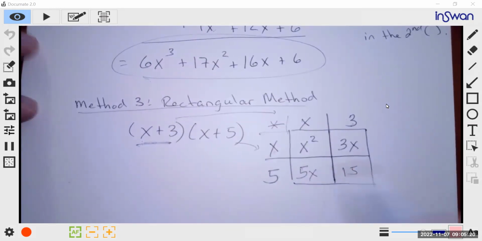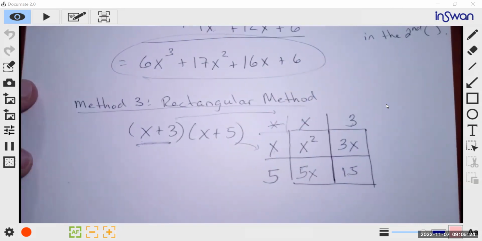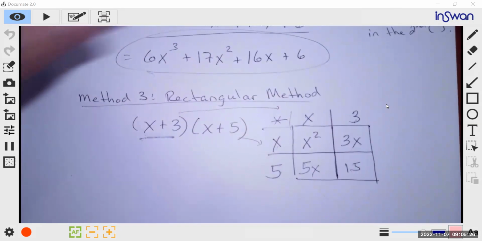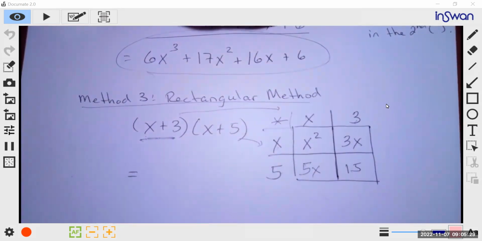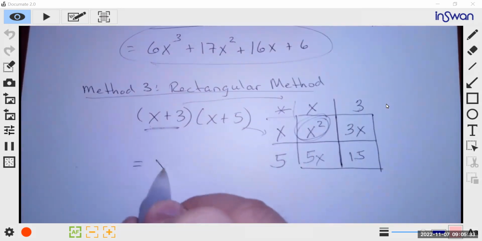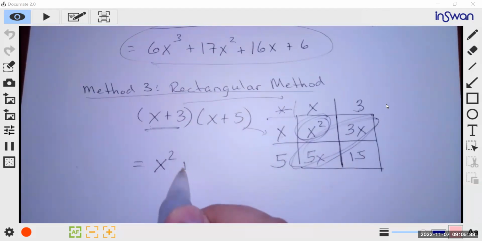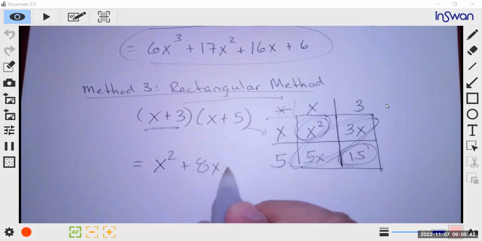So we just multiply each of these rows and columns. And here's the first term, x squared. Add both of those since they're both x's. 5 plus 3 is 8x. And then the last term, it's a positive 15.